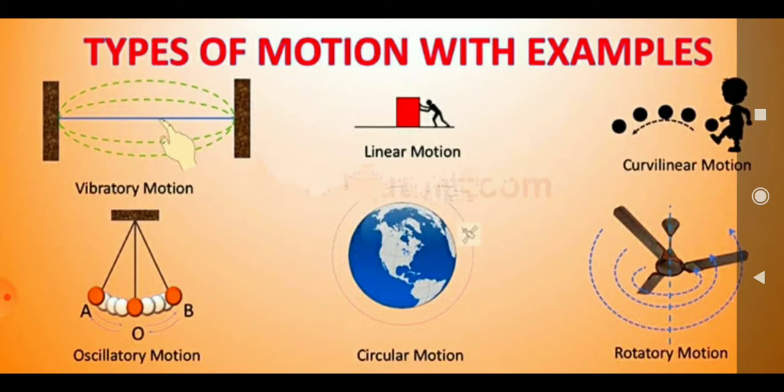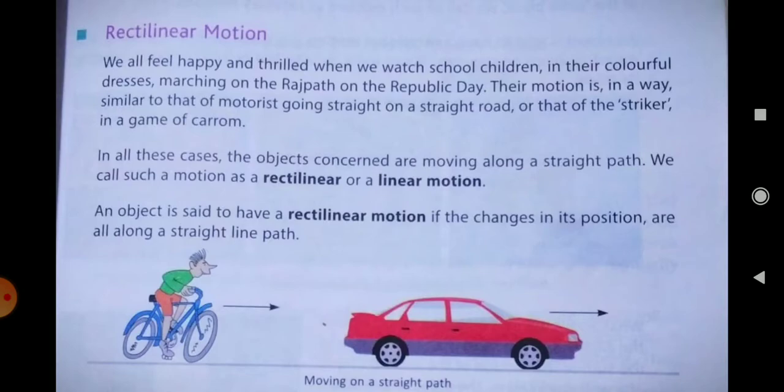Now we will discuss the types of motion. First is rectilinear motion. What do you understand by rectilinear motion? The object which moves along a straight path, such motion is known as rectilinear motion or linear motion. So we can say that any object is in rectilinear motion if it changes its position along a straight line path.